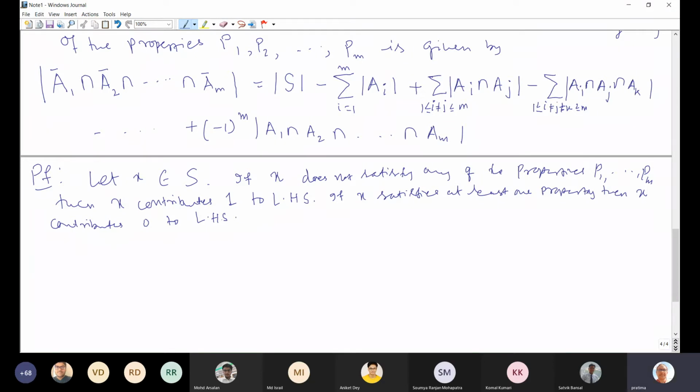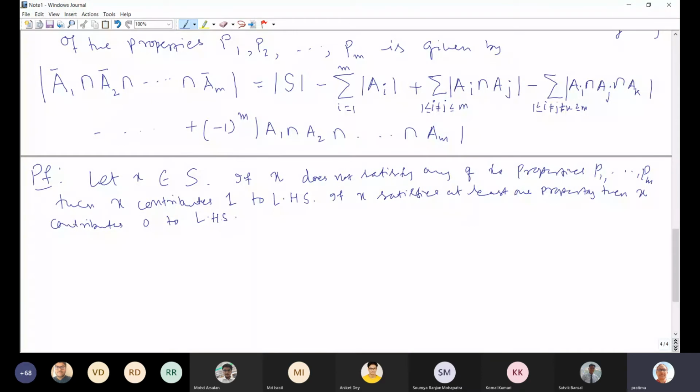This is a nice way of proving. These two statements we have written, if X does not satisfy any of the properties, and if X satisfies at least one property, then what it contributes to the left hand side, exactly the same holds true for the right hand side also. Then the left hand side is equal to the right hand side. That is how we will prove this.